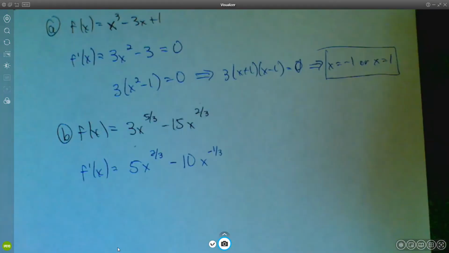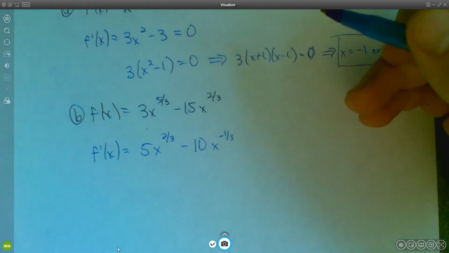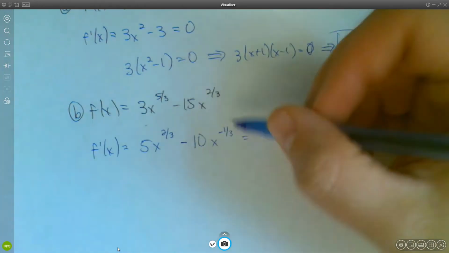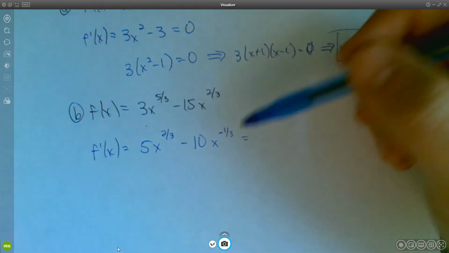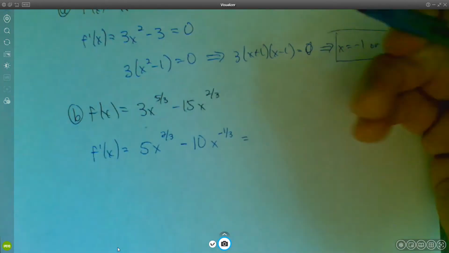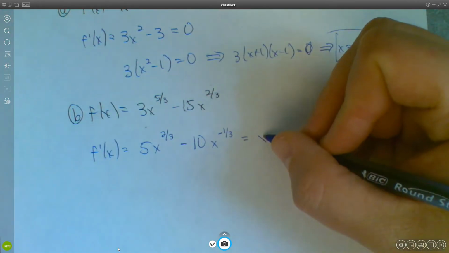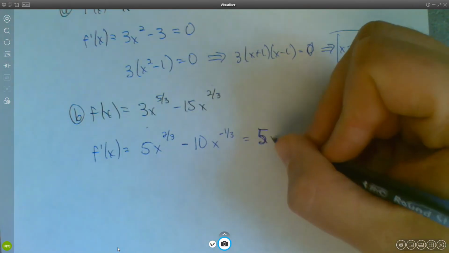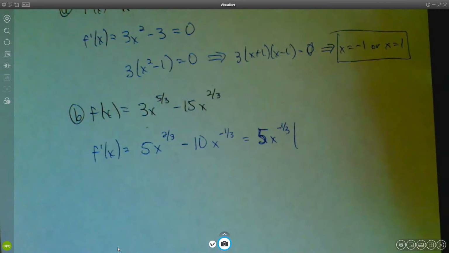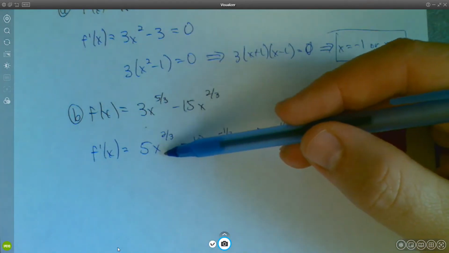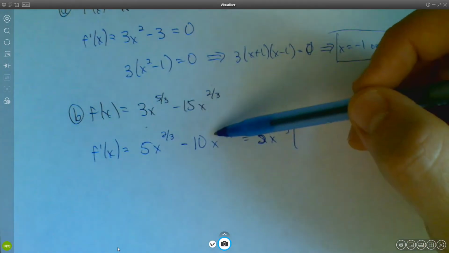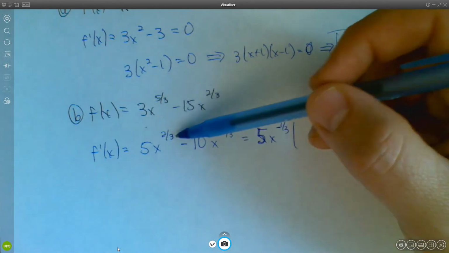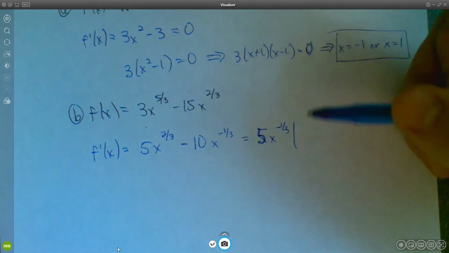Okay, I'm going to simplify this a little bit by factoring out. Remember, you can always factor out an x with whatever the smallest exponent is. So in this case, I can factor out an x to the negative 1/3. Oh, and I can take out a 5 too. So I might as well do that while I'm at it. I'm going to take out a 5x to the negative 1/3. And now what am I going to be left with? Well, I subtract, right? 2/3 minus negative 1/3 is 2/3 plus 1/3.